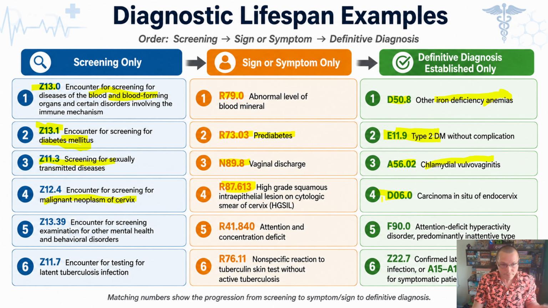I wanted to do a mental health one just because they're not as commonly talked about, where we do have the screening mental health code, and then you will have the R family. There are sign and symptom codes for mental health, where I wanted to show the lifespan of a patient getting diagnosed with ADHD. First the screening, then there's attention and concentration deficit, to finally the F90 ADHD code.